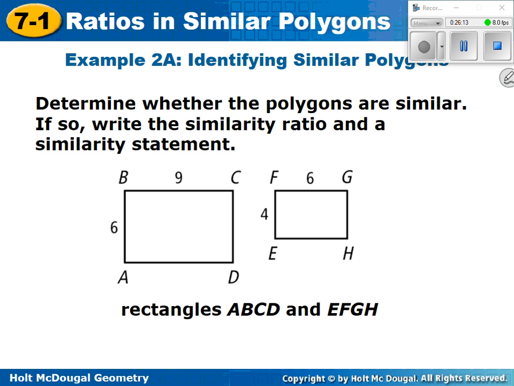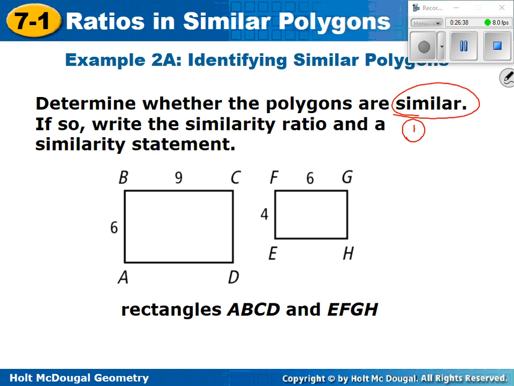Okay, so the question says, determine whether the polygons are similar. One more time I'm going to ask you, what are the two things that have to be true for our shapes to be similar? Number one, what are we checking for? Look back at your notes. Okay, they do have to be the same shape, yes.